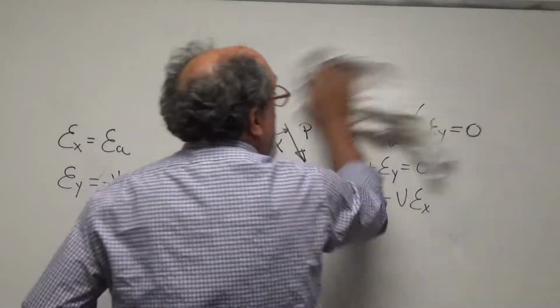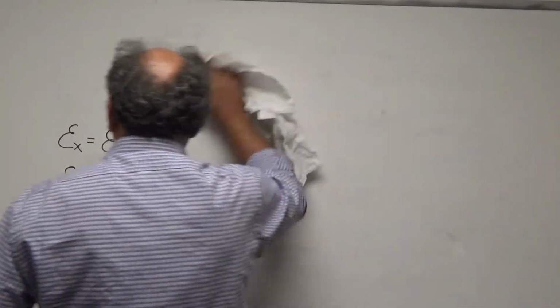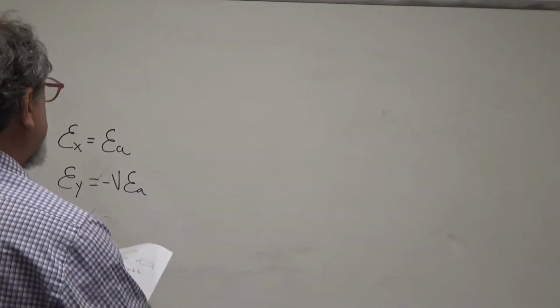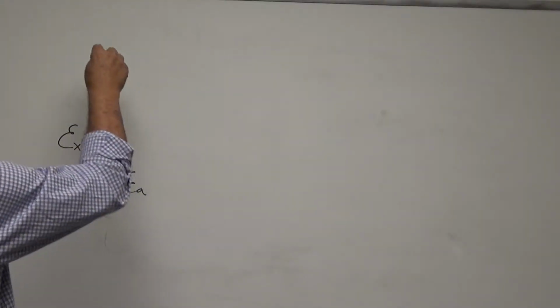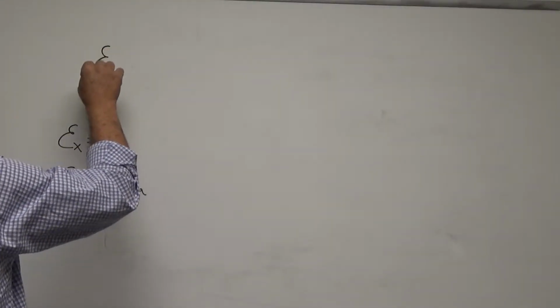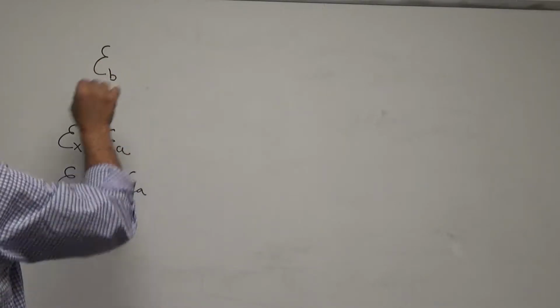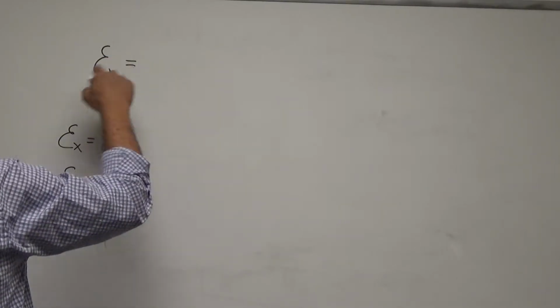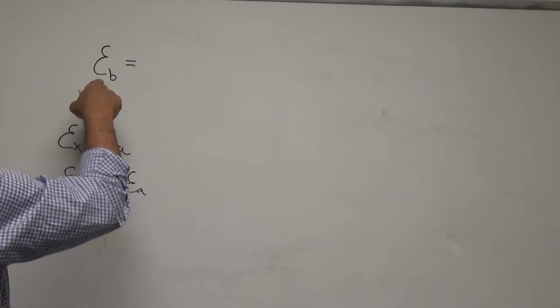Let me erase everything now. I do know the equation for rotating the stresses. And so I can say that the rotated strain at 60 degrees, which I am measuring, has to be the formula.